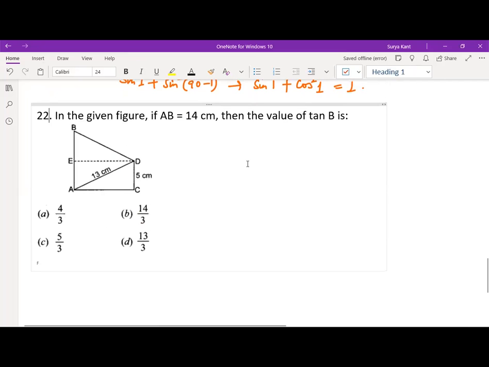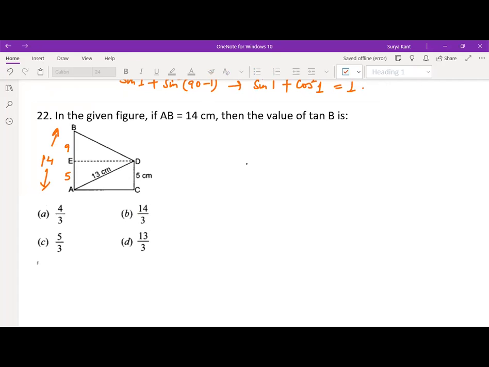What would be the answer, Chanchal, for this? Tan B. You should find the angle of B, right? So AB is 14. This whole part is 14. This part is 5, so obviously this will be 9, correct? So tan B means what is the angle of this one?